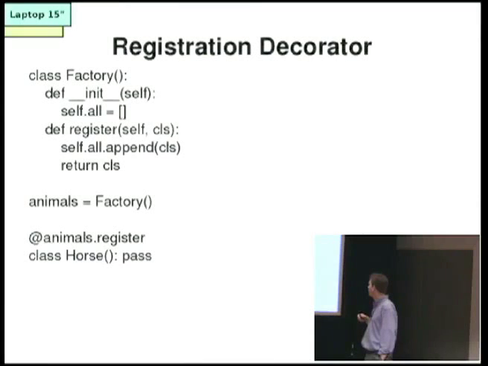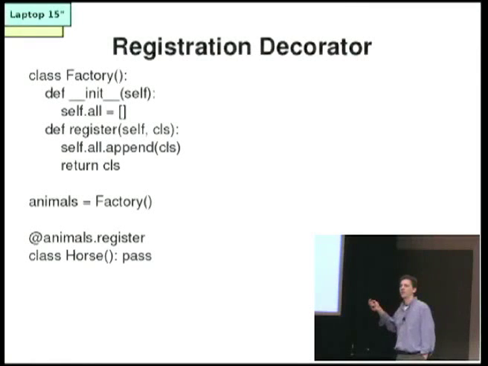In the middle, we have animals factory, create a new factory. It's just an instance of this class. And animals register. Register is a function that takes one argument, a class. It's a bound method, so self is given. Takes one argument, class, returns the class unmolested. So you can see this is very similar to the identity decorator, except for the fact that it's doing a little work in the middle.